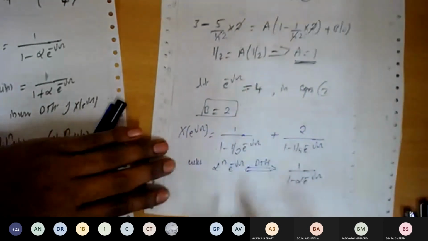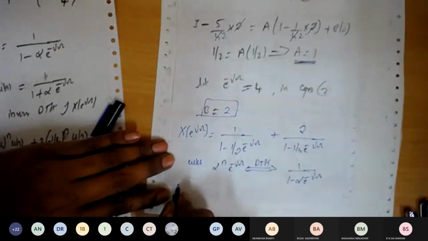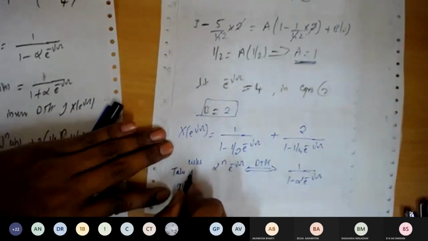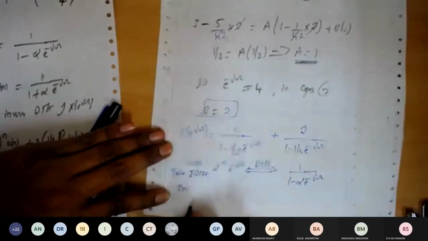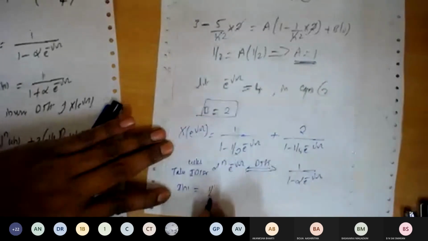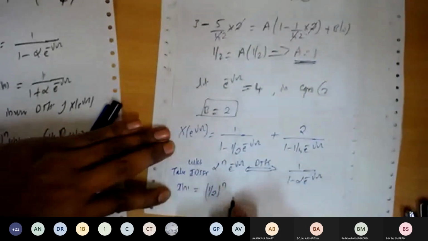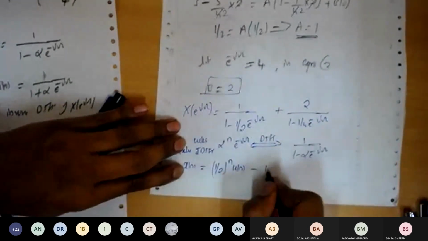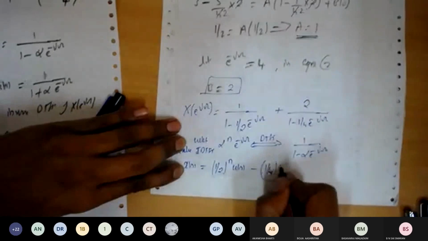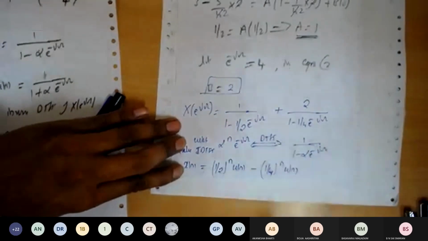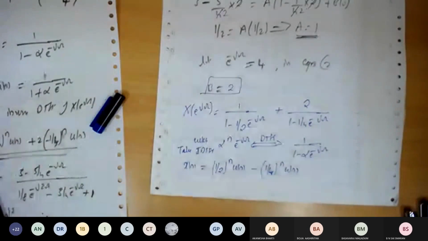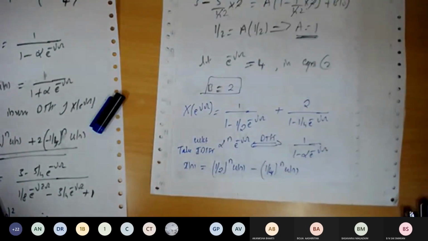Then x of n will become 1 by 2 into 2 to the power of n into u of n minus 1 by 4 to the power of n into u of n. Like this we can find out by using the partial fraction expansion.